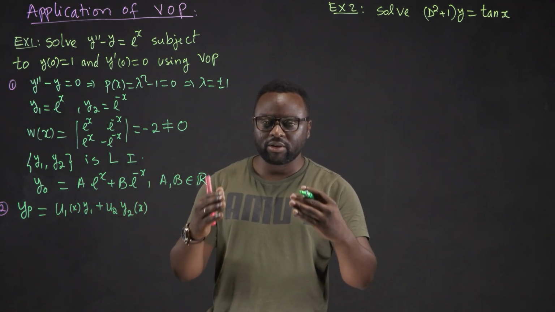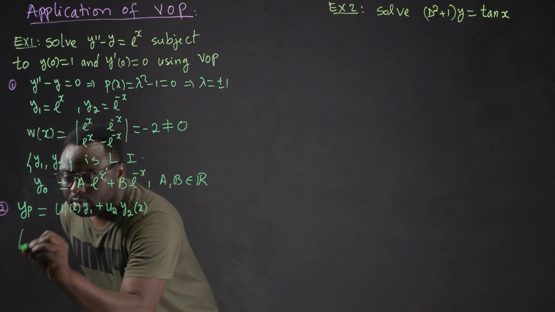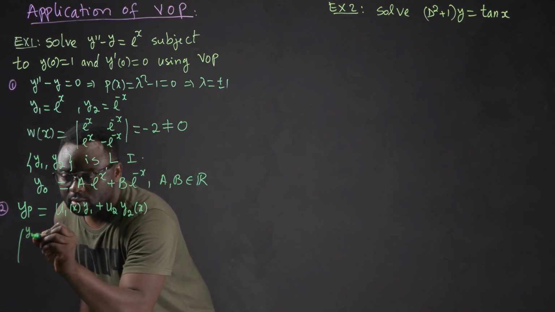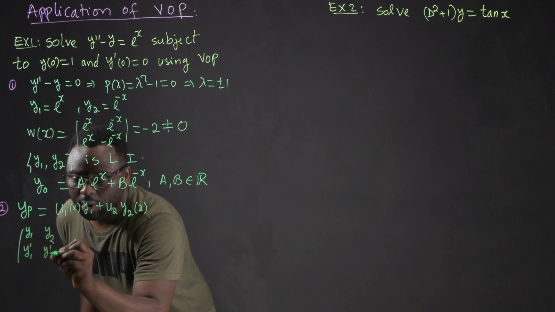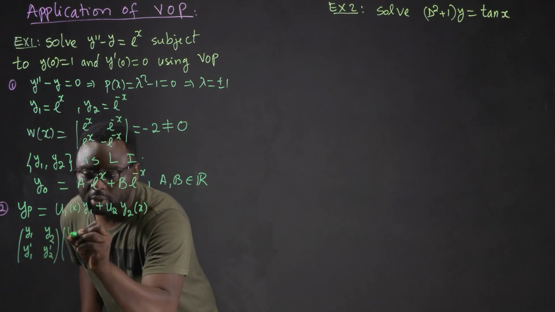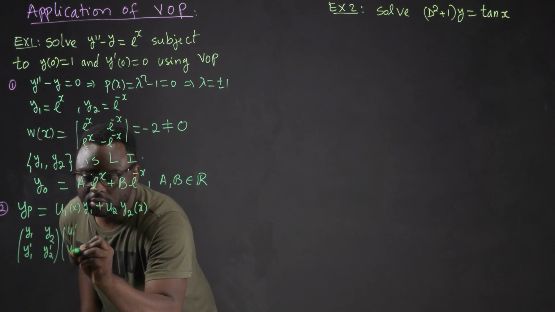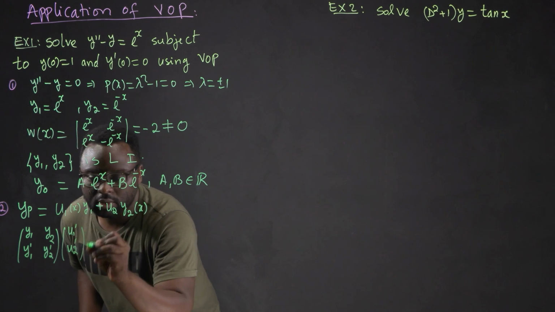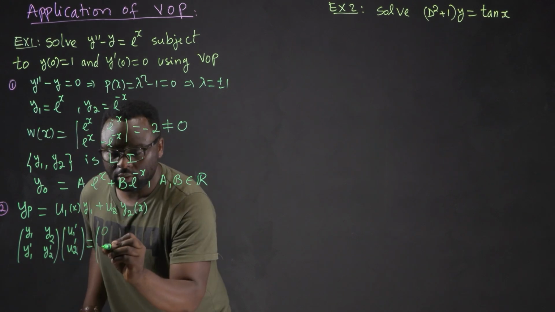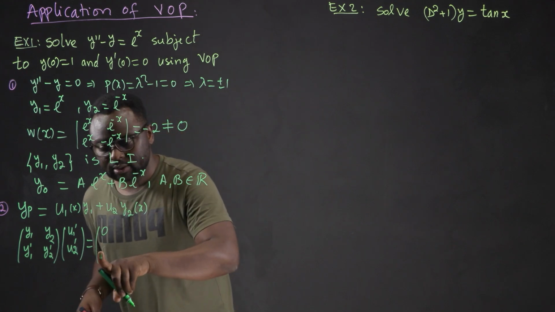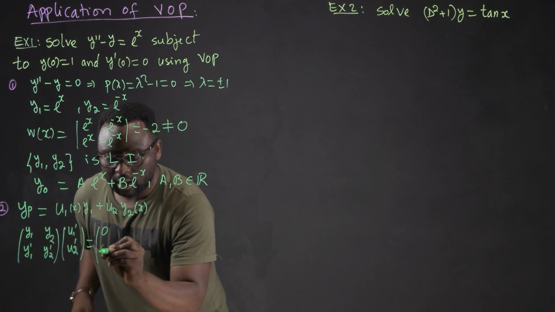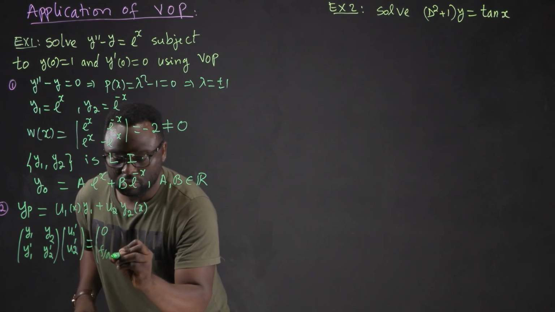So remember the second step. In the second step, I derived this matrix: y1, y1 prime, y2, y2 prime. All this multiplied by u1 prime and u2 prime is equal to 0, f over a. F here is just e to the power x, over a2.